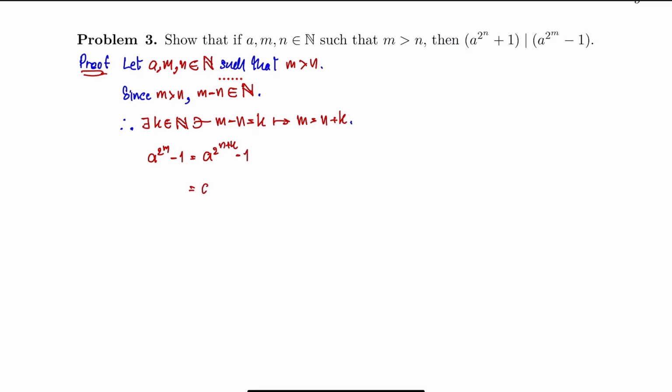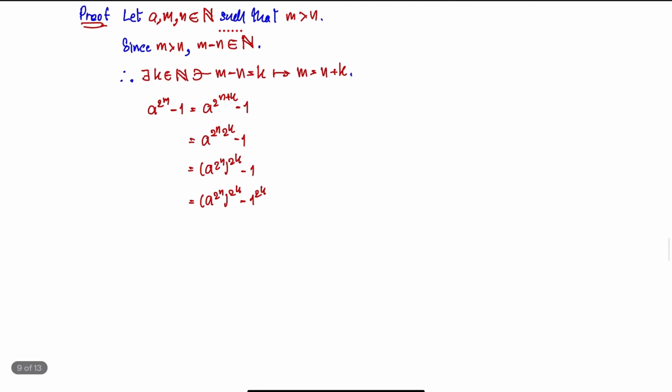Then we have a raised to the power of 2 to the n times 2 to the k, minus 1, just the property of indices. And then we have a raised to the power of 2 to the n, raised to the power of 2 to the k, minus 1.